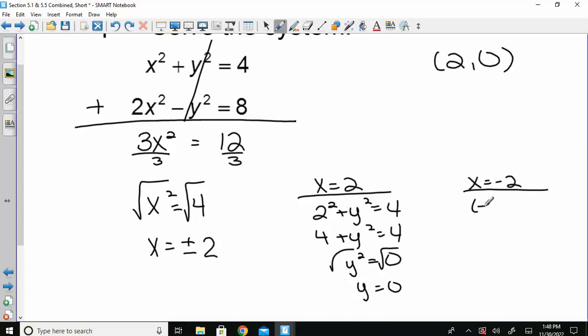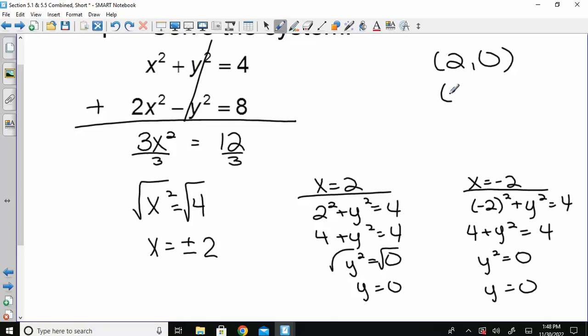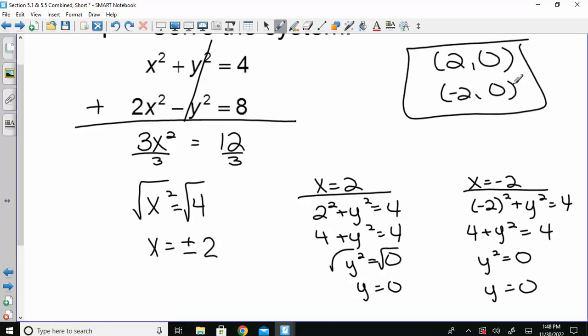What's going to happen when you do negative 2? You get the same thing, because negative 2 squared is also 4. So we had 2, 0, and negative 2, 0.